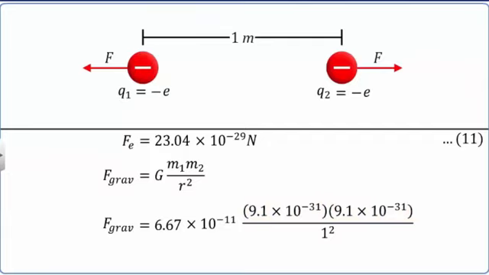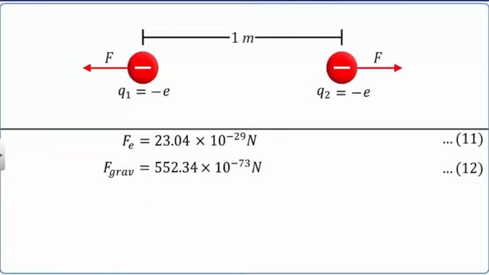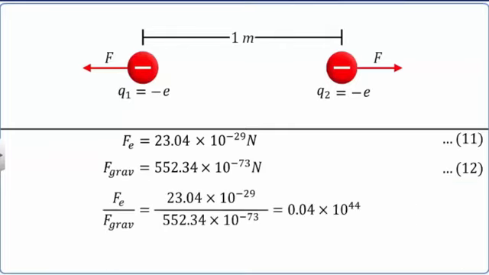Substituting the values of the various parameters, the gravitational force between them is equal to 552.34 into 10 power minus 73 Newton. Let this be equation 12. Dividing equation 11 by equation 12, we have the ratio between electrostatic and gravitational forces, and we can see that the electrostatic force is enormously greater than the gravitational force.